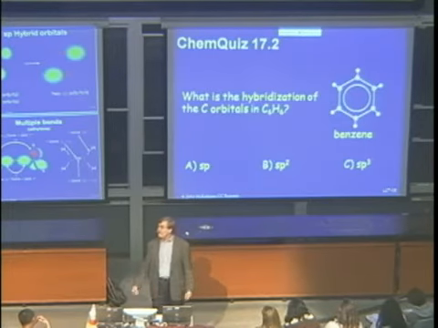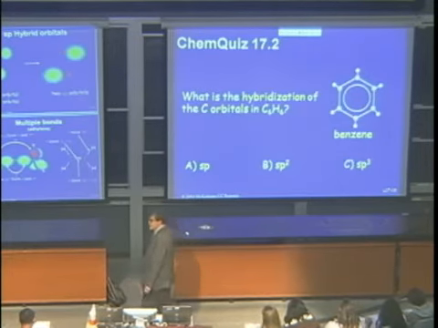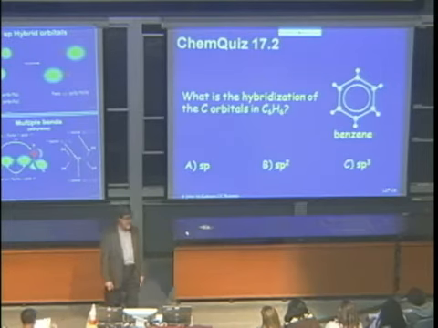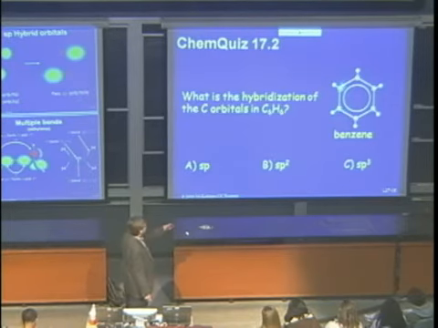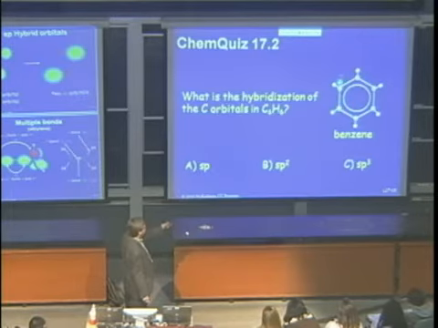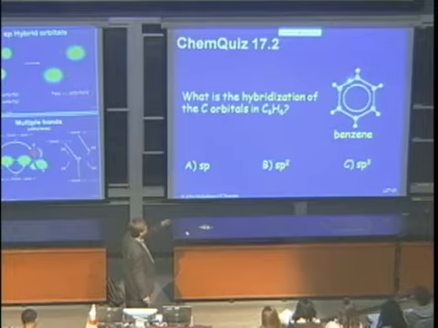So you all have heard of benzene. This is C6H6. And the carbons are bound to each other. You see that the carbons are bound to each other. There's 1, 2, 3 partners, 3 bonds here. And this forms a hexagon. All right?